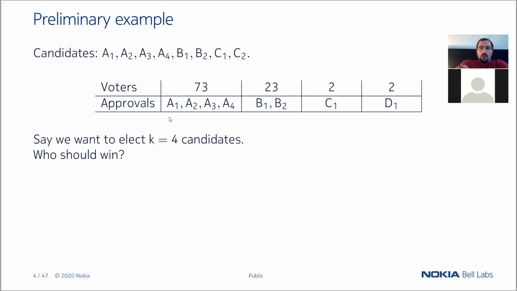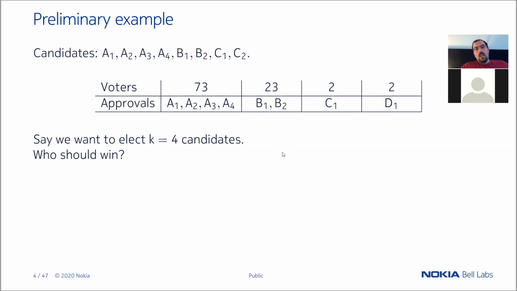So before going deeper into the subject, I will start with a preliminary example to illustrate the question of the objective that we pursue. Imagine that we have the following candidates: A1, A2, A3, A4, B1, B2, C1, and D1.